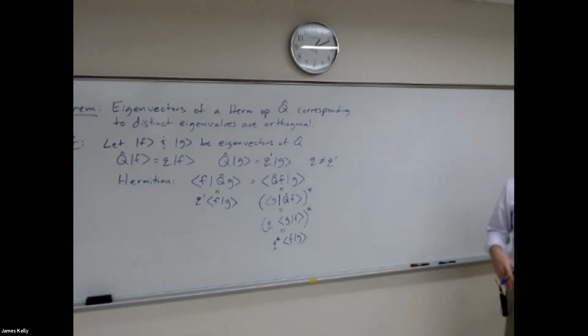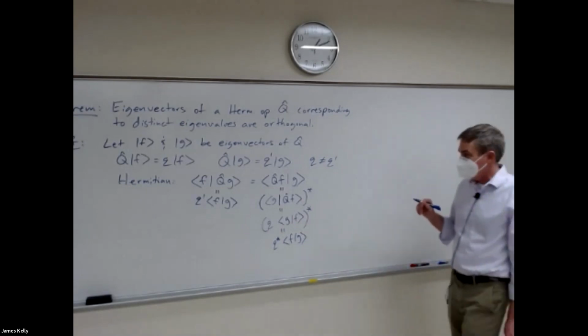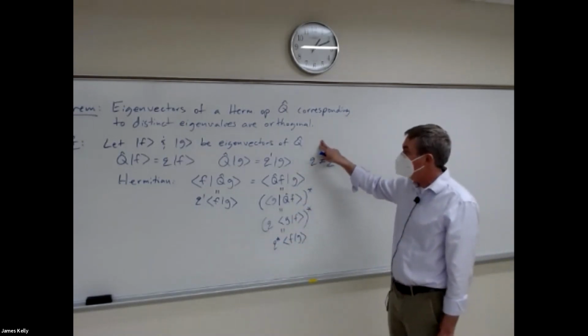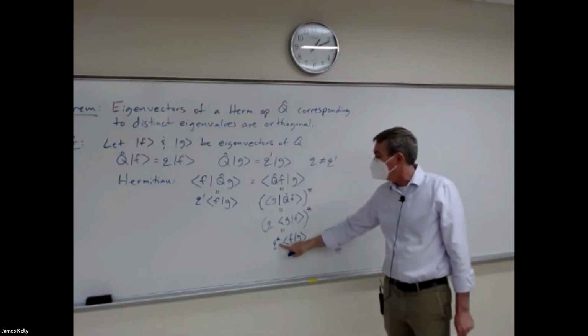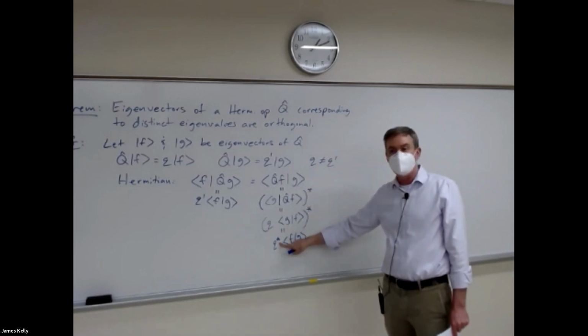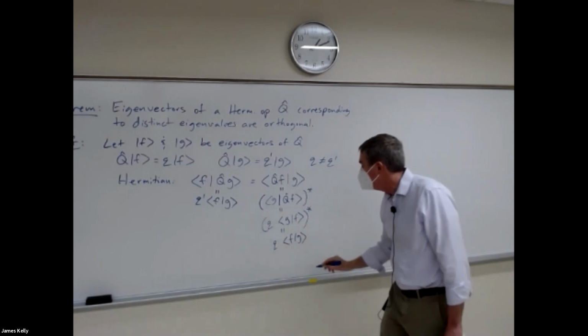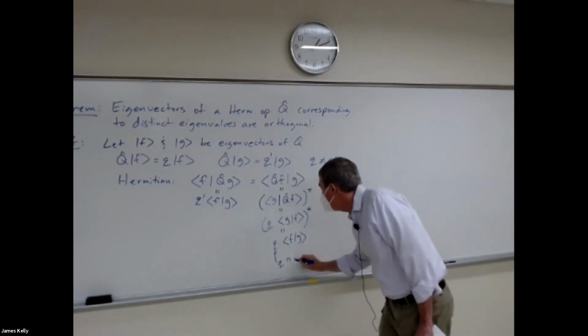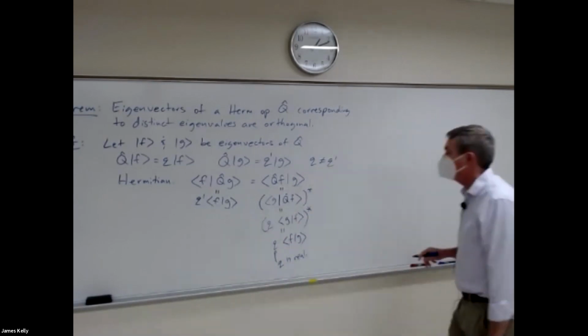Now we're going to use our previous proof, which is that we already showed that the eigenvalues of a Hermitian operator are real. So I don't really need this star down here. The justification is that q is real based on our previous proof.